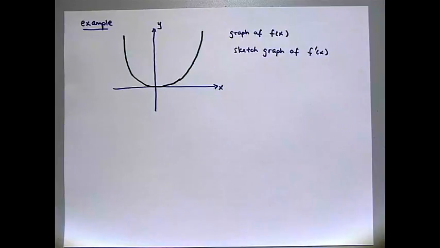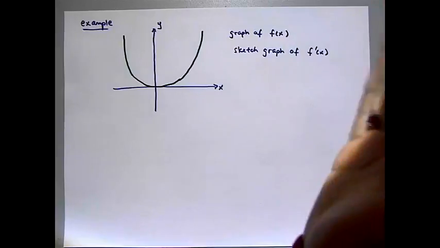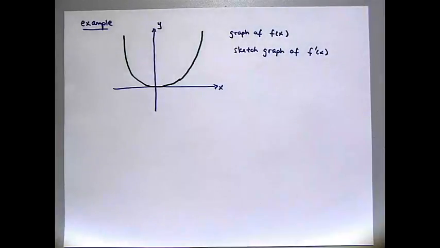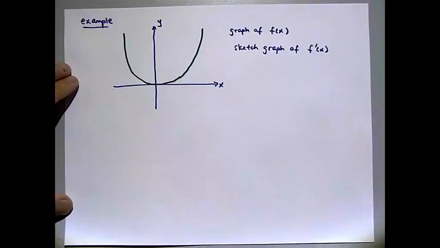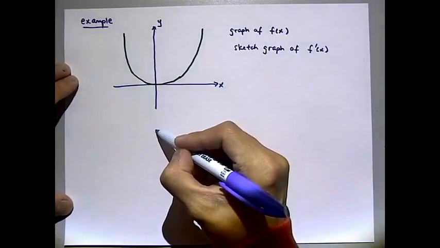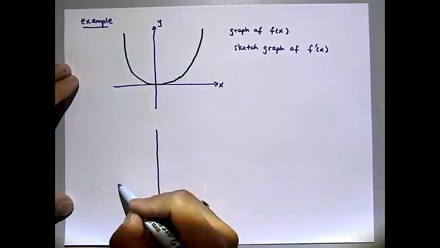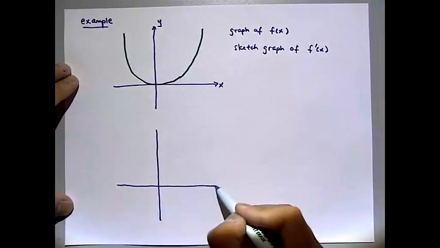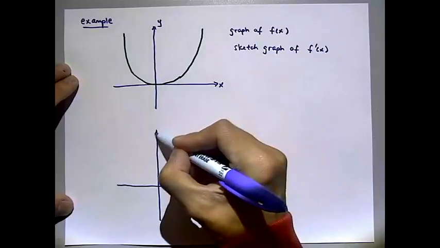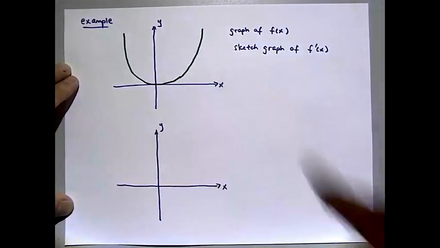I have to rely entirely on the graph of f to come up with a graph of f prime. Okay, so let me draw a new set of axes right below it. And I want all the x values to line up.